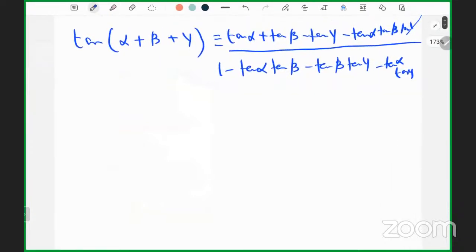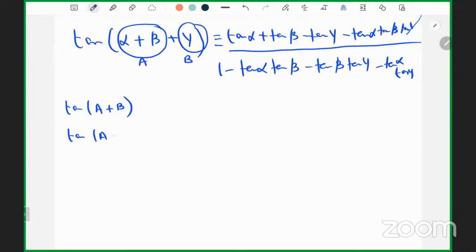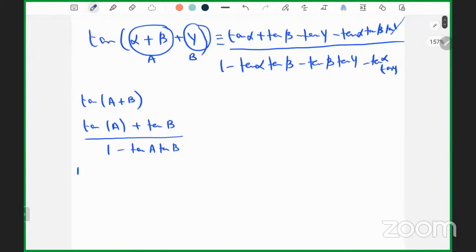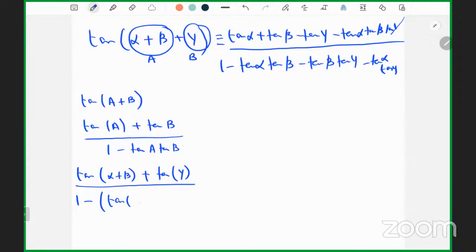So as I mentioned earlier, I will first take alpha and beta as A and I will take y as B. So this will become tan(A + B), which is same as tan A plus tan B over 1 minus tan A tan B. Then I will replace A with alpha plus beta and I will replace B with y. 1 minus tan A will be tan(alpha + beta) tan y.